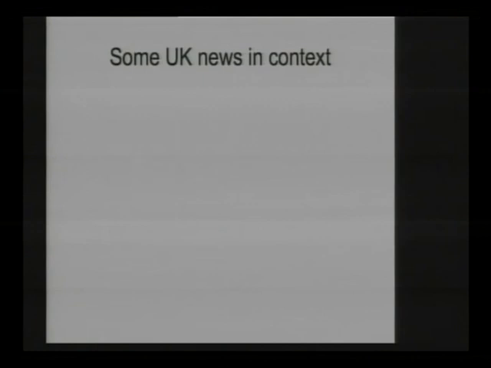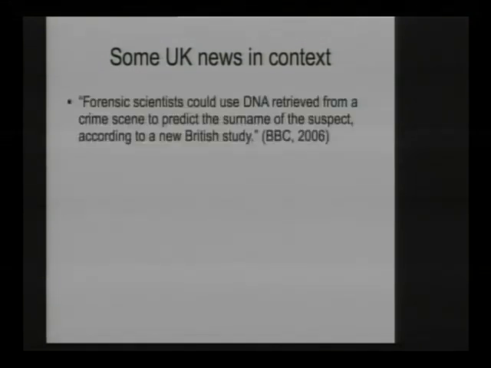Some social and political news. So I'm living and working in the UK of my own free will. I thought I'd gather some of the news that I heard while I was there, which kind of relate to this new technology.